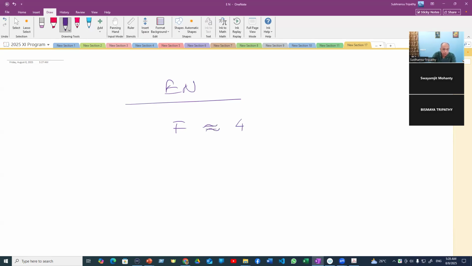We take it as 4. This is the most electronegative element, although it is the second highest in electron affinity. Highest is chlorine, the second highest is that of fluorine. So far as electron accepting is concerned in the gaseous state, it is second highest.